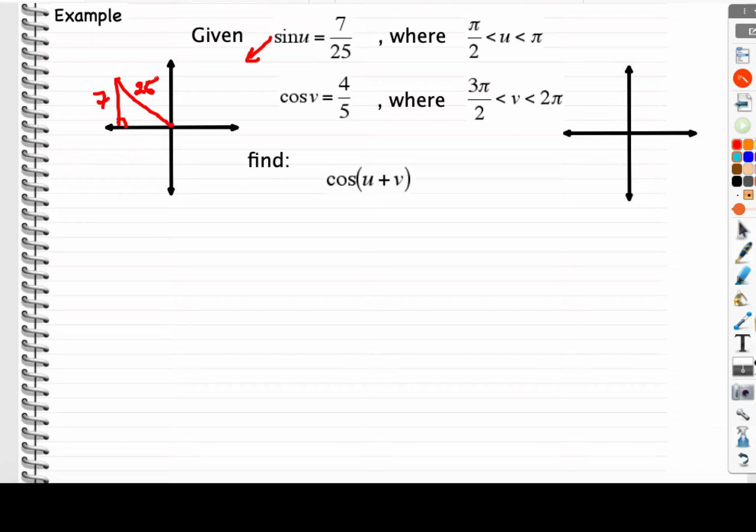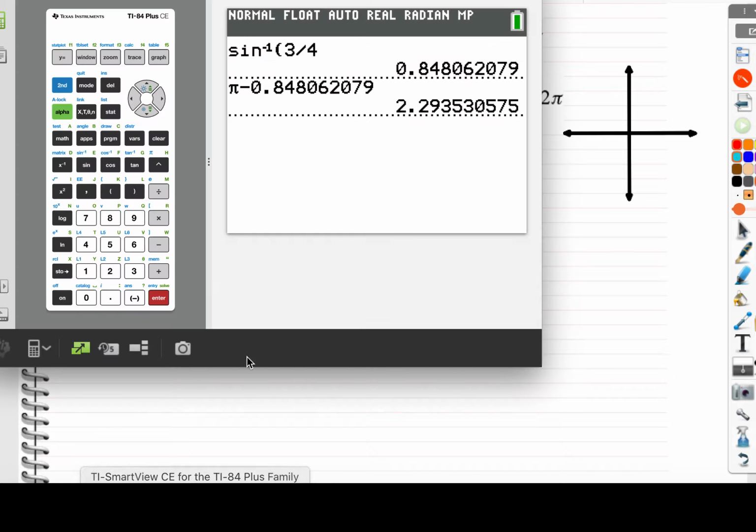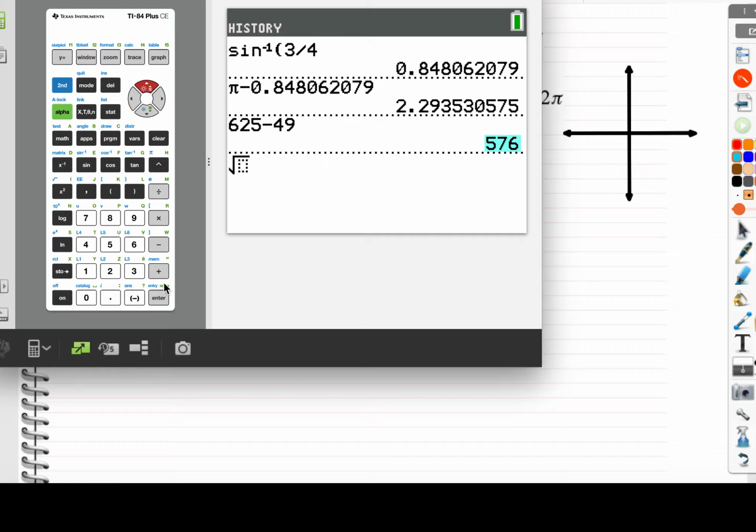So 25 squared is 625, equal to 49 plus, we'll just call it x squared. 625 minus 49, and I'm going to hop on my calculator to quicken up the process, is 576, and the square root of 576 is simply 24.